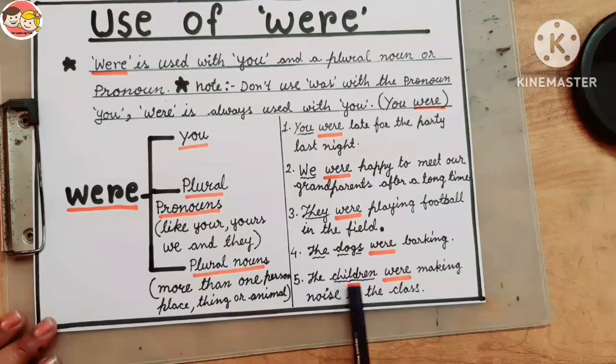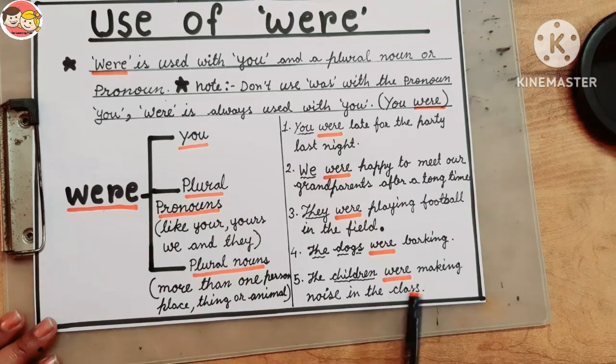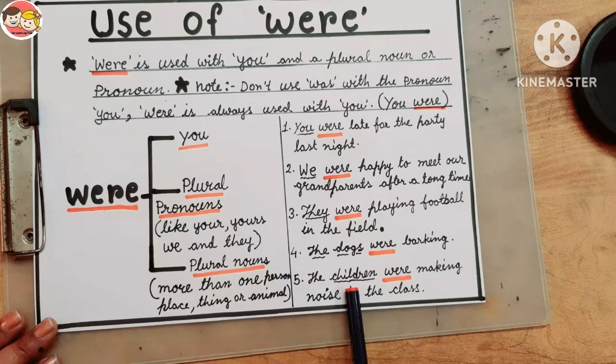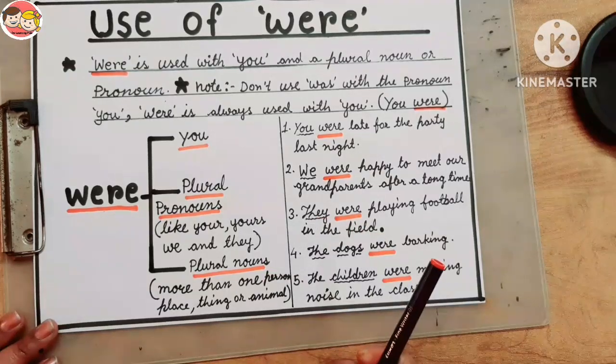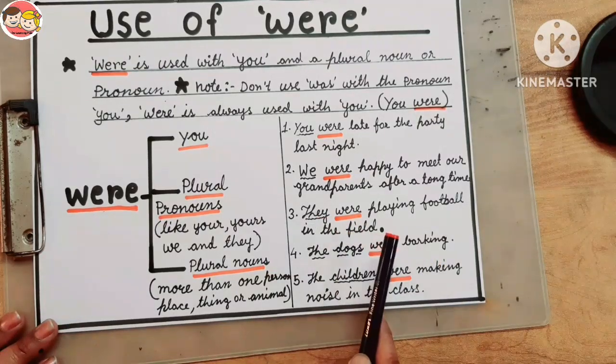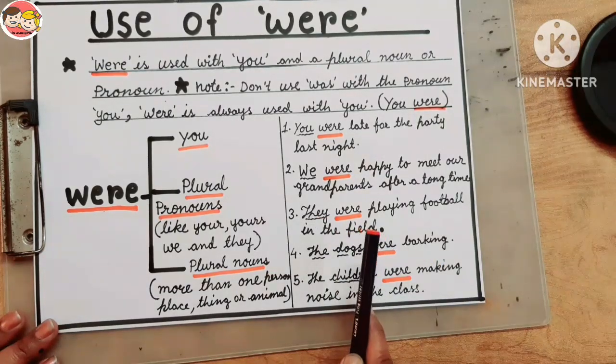And next, the children were making noise in the class. Children is a plural noun. Here we are talking about many people. And these sentences show past time, means past tense. Therefore, were is used over here.